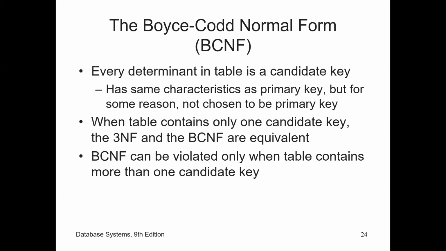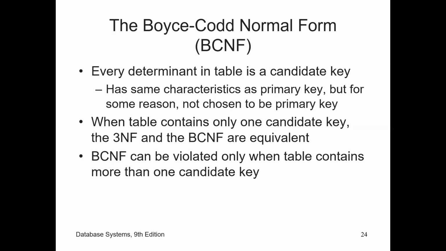The Boyce-Codd normal form. A table is in the Boyce-Codd normal form when every determinant in a table is a candidate key. Most designers consider the Boyce-Codd normal form to be a special case of third normal form.